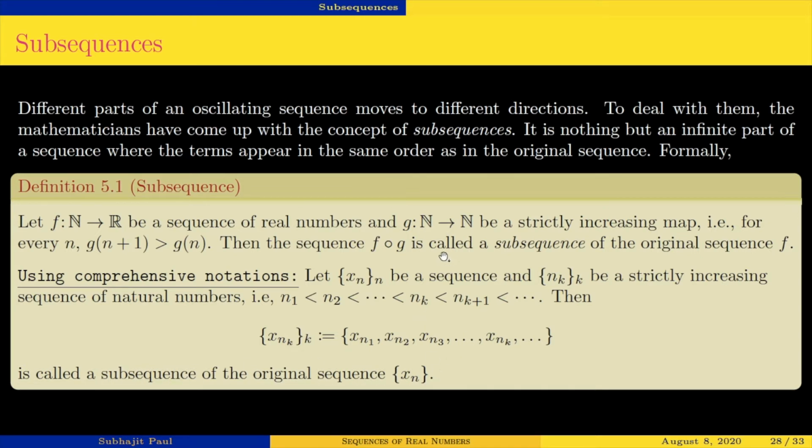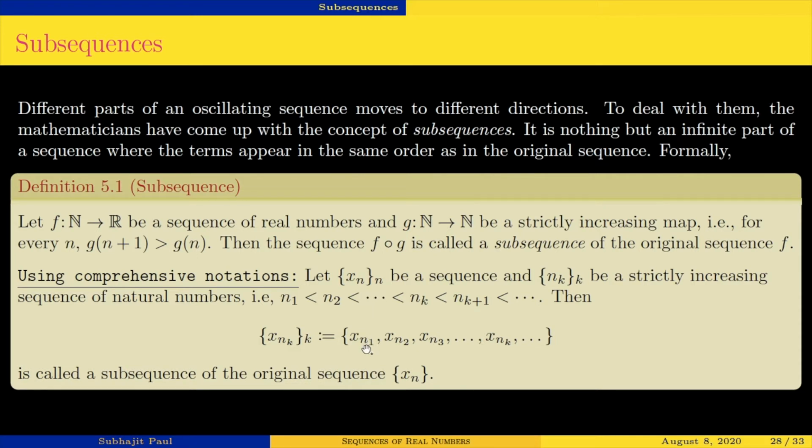Now, if you want to match these two versions of the definition, this Nk is your G, and Xn is your F, so Xnk is F composed G. So Xn1, Xn2 appear in the actual order they appear in the original sequence.